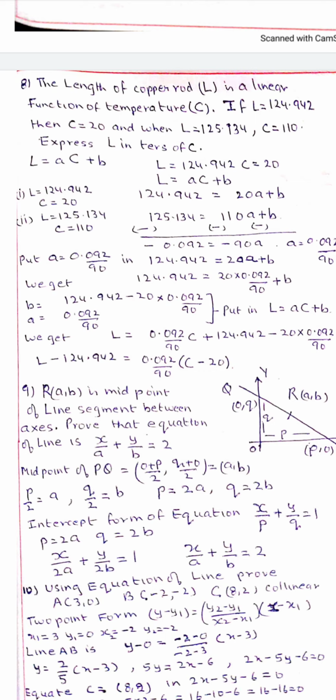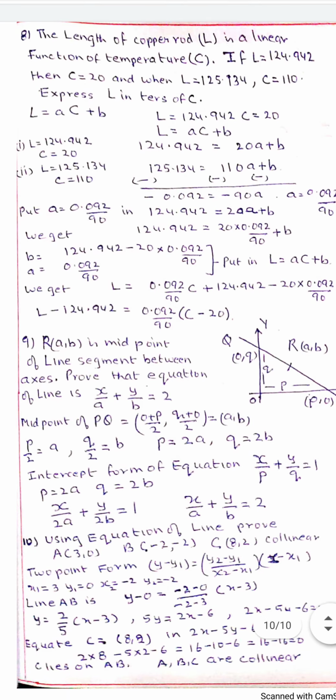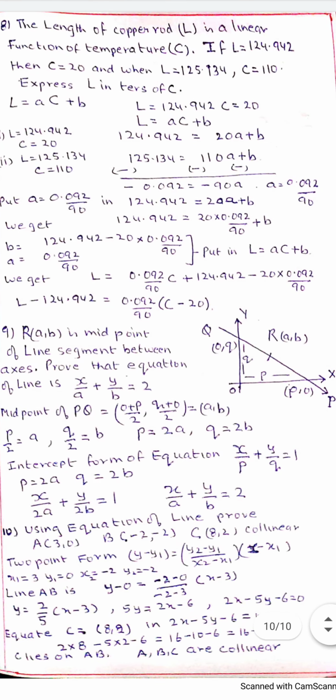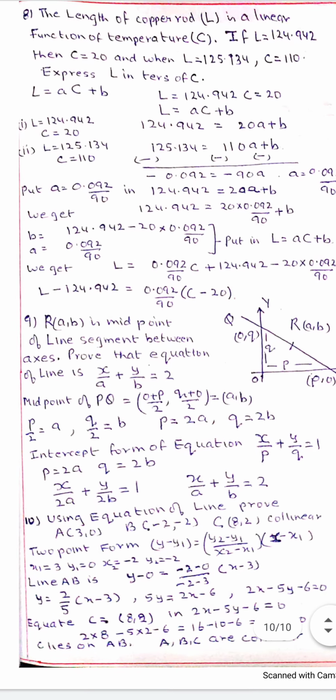Then L is 125.134 and C is 110, so the second equation is 125.134 equals 110A plus B. Subtract and we get the value of A as 0.092 upon 90.